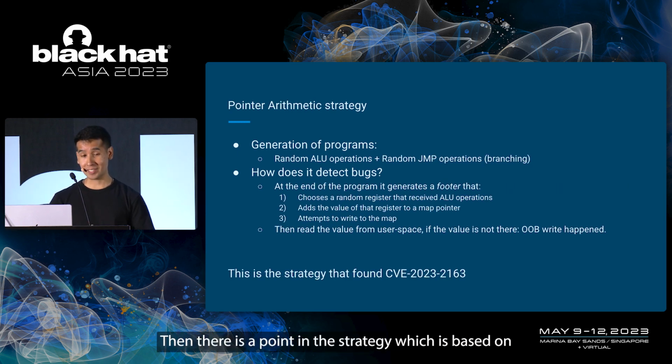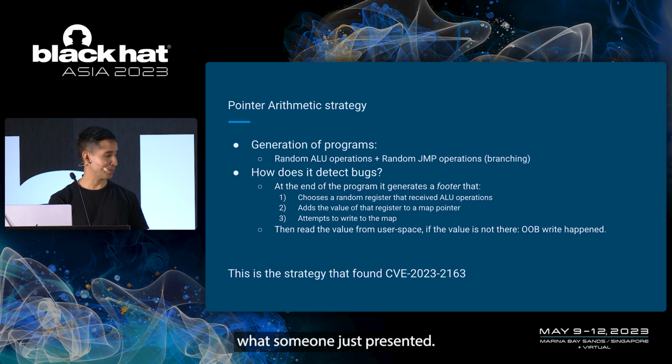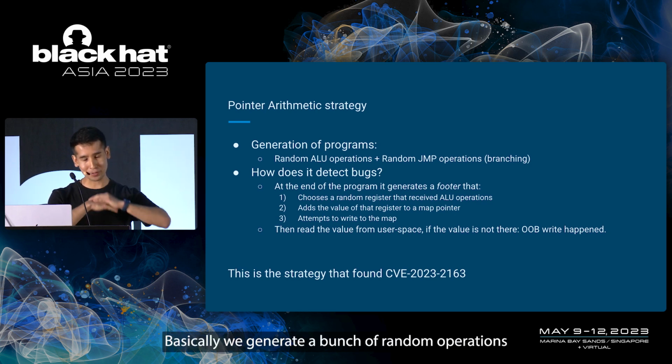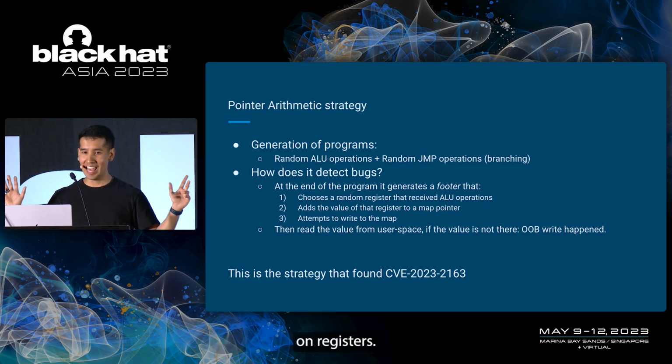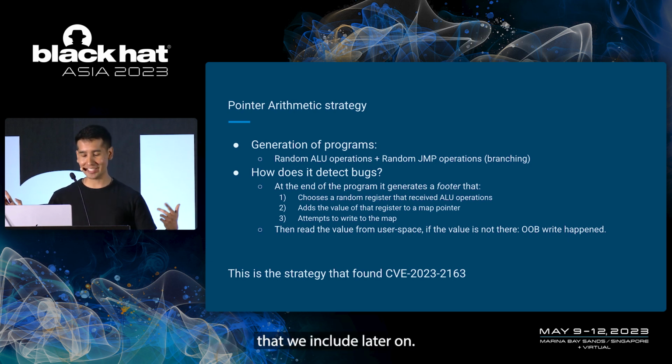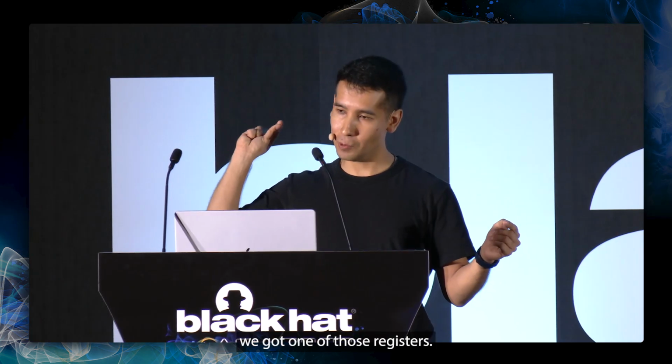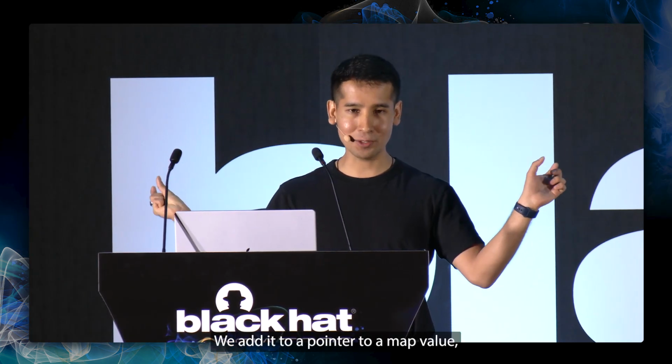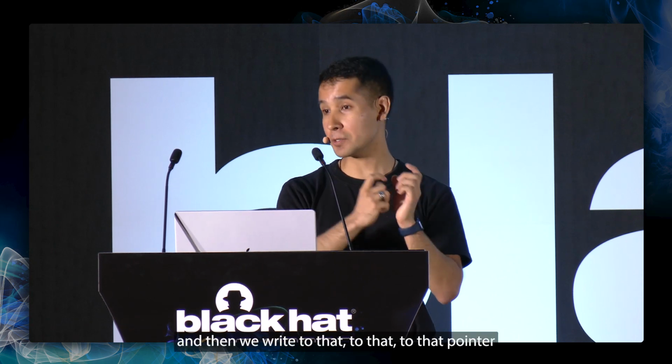Then there is the pointer arithmetic strategy, which is based on what Simon just presented. Basically, we generate a bunch of random operations on registers. This also includes some jump operations that we included later. And then at the very end of the program, we grab one of those registers and we add it to a pointer to a map value. And then we write to that pointer.